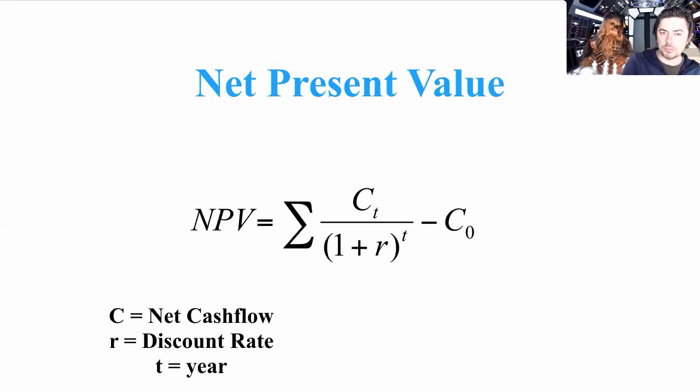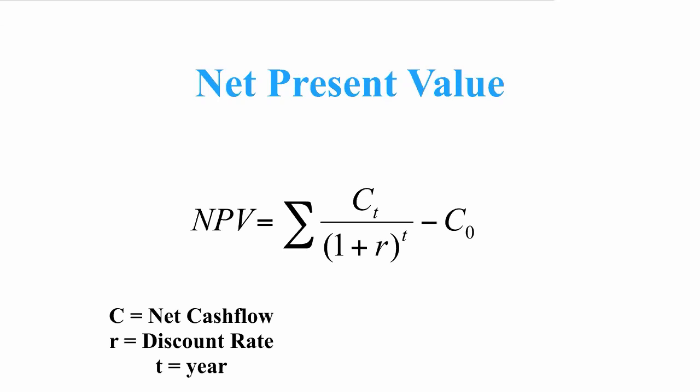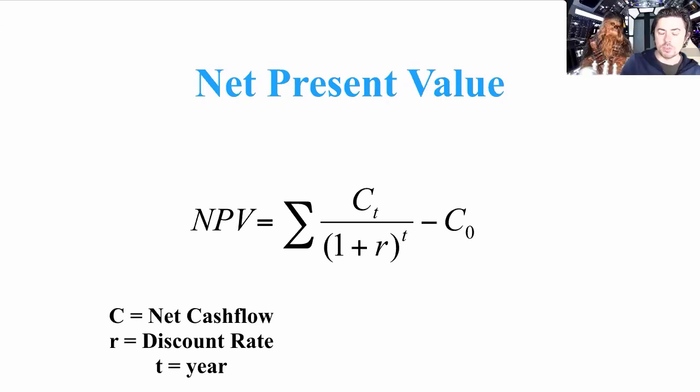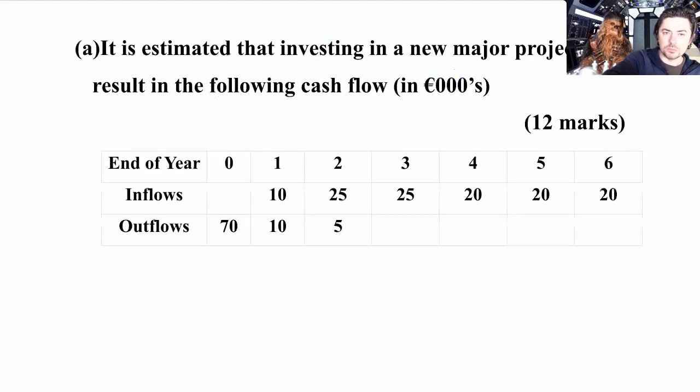So say, for example, you have an investment period of 5 or 6 years, T represents 1 when you're talking about year 1, and goes all the way up to 5 if you're talking about year 5. This will only make sense once we see a question, by the way. Let's ignore the C naught for a moment at the end there, but the C again just represents your net cash flow. So that formula is going to be given to you. We'll see it again soon when we look at the question.